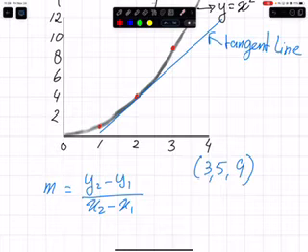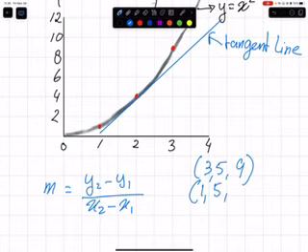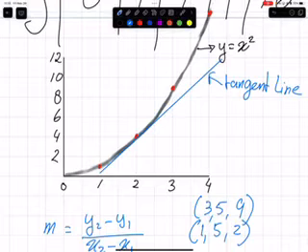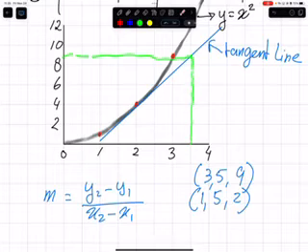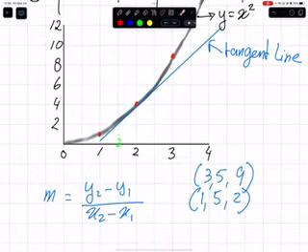What's another coordinate? It's not going to be 100%. 1.5, 2.